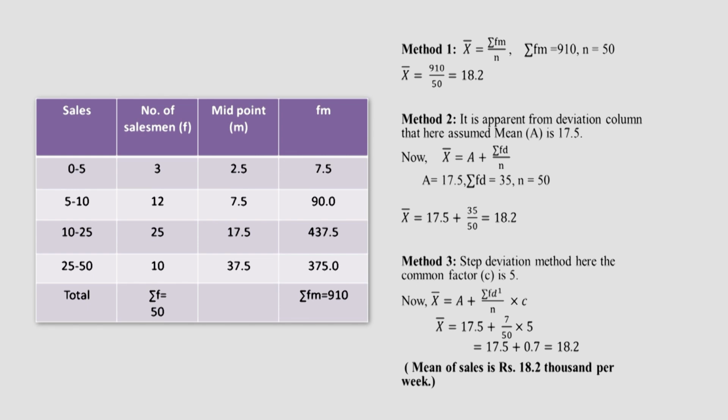Now since you have converted your x into m, the formula would be mean is equal to summation Fm upon n. That means summation Fm is 910 and n is 50. So when you divide 910 by 50, you get the value of 18.2, and in this case the mean value is 18.2. Alright. So this was the direct method.